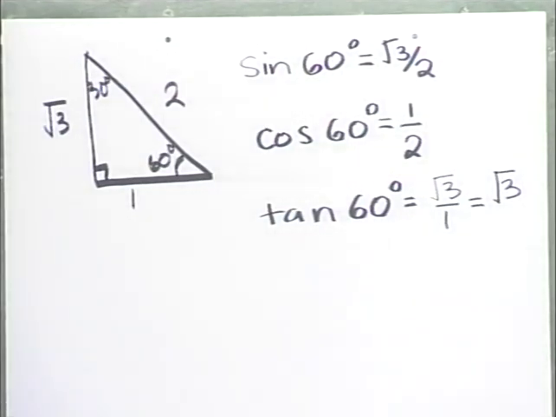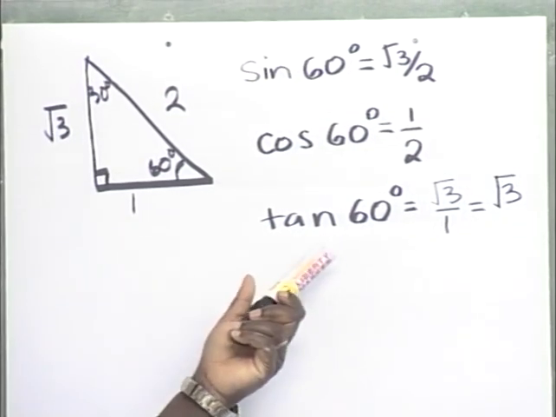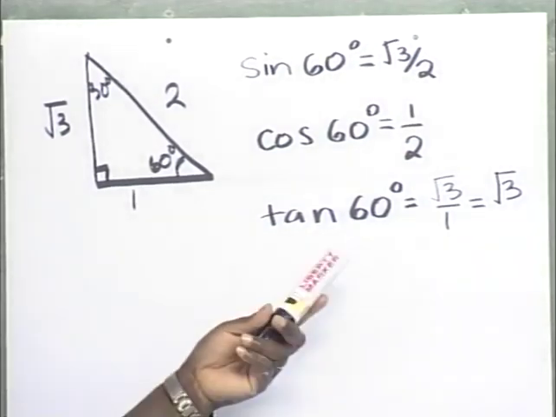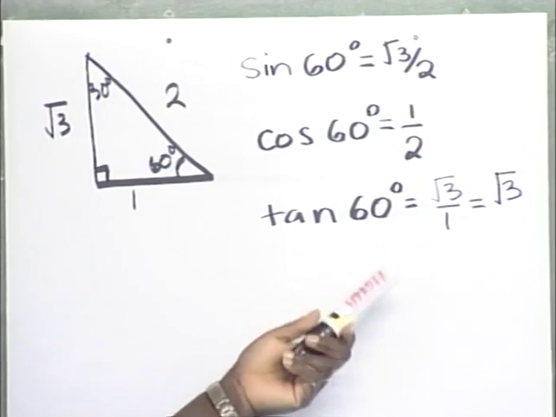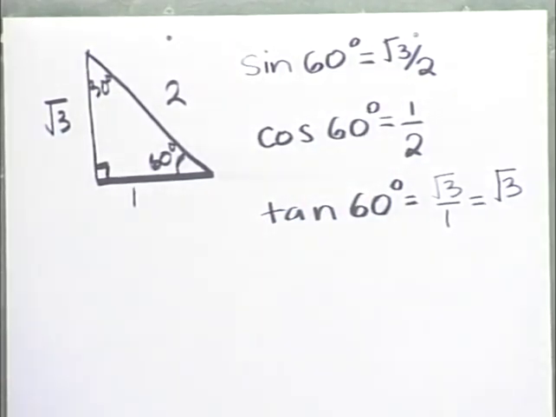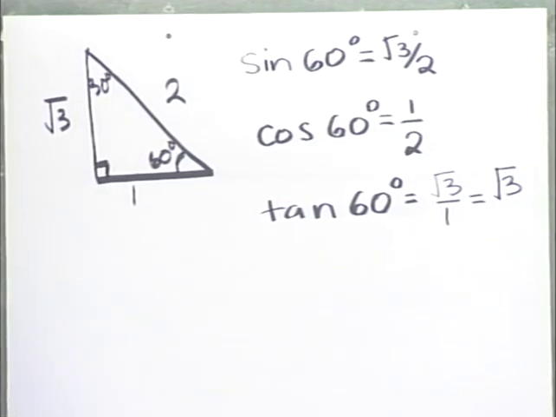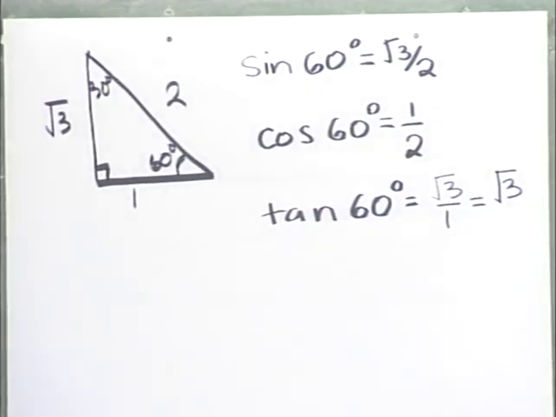The reason I'm saying they're important is because in grade 12, we look at angles greater than 90 degrees, especially those related to 60, 30, and 45. The values are exactly the same. We're going to show you when the time comes. Okay, those are the trig ratios for 60 degrees.